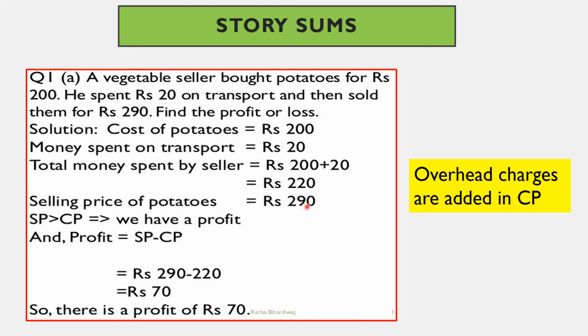Now you can see here the selling price is greater than the cost price. Obviously, you will have profit. So profit is equal to selling price minus cost price. So you just put the values, rupees 290 minus rupees 220. So on subtracting, you get rupees 70. So there is a profit of rupees 70.